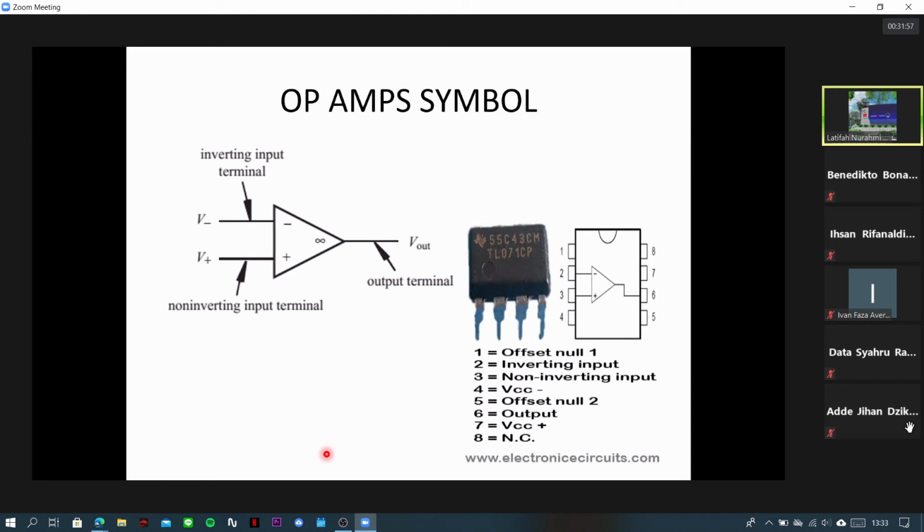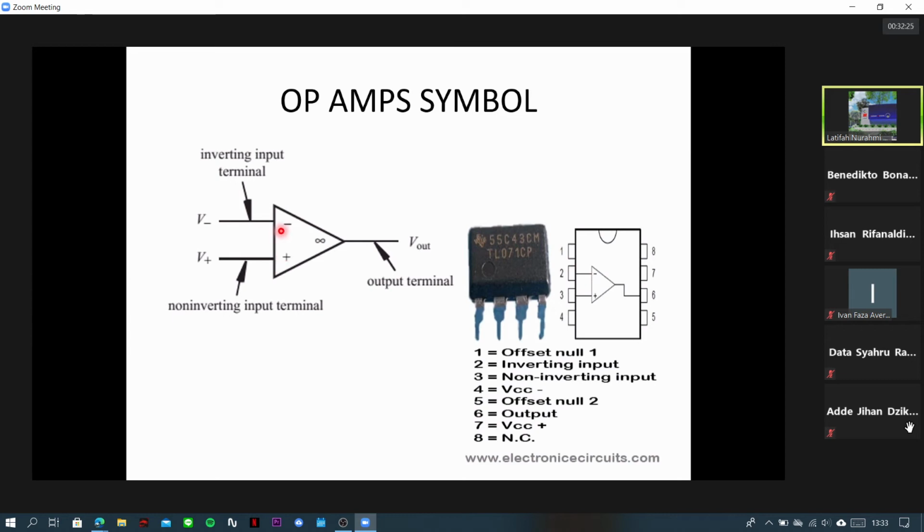And how does it look? You can see it here. The symbol is simply defined like this. If you see this triangle symbol somewhere, then it defines an operational amplifier. There's always plus and minus.